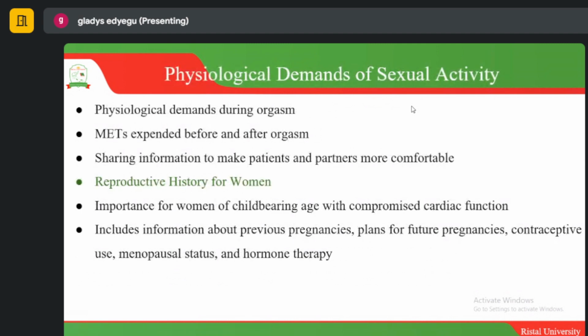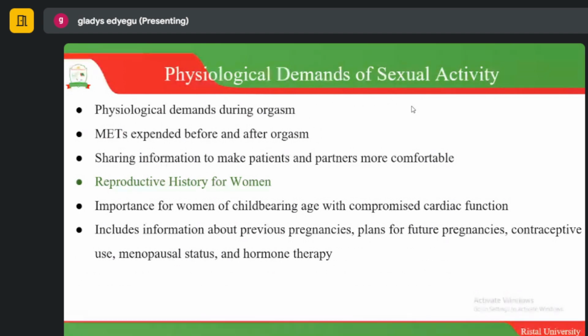I want us to look at something on physiological demands of sexual activity. So physiological demands during orgasm, that's why most of them actually even get more pain in the heart, or they get more distress, dyspnea and so forth during this time of physiological demands for orgasm. Then also energy expended before and after orgasm.